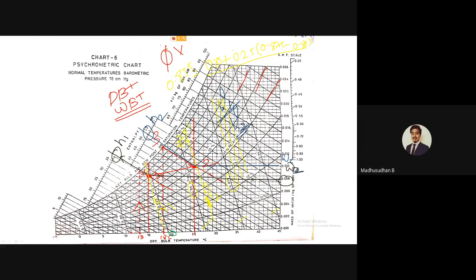Just extend it till it cuts your straight line. So this is your point 3. At point 3 you can find out H3, and similarly at point 3 you can find out omega 3.